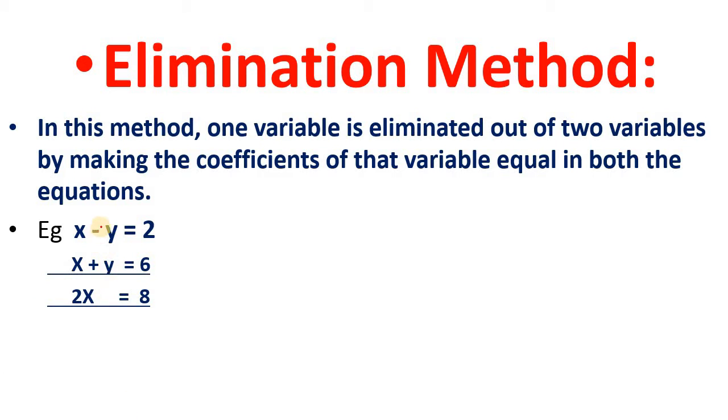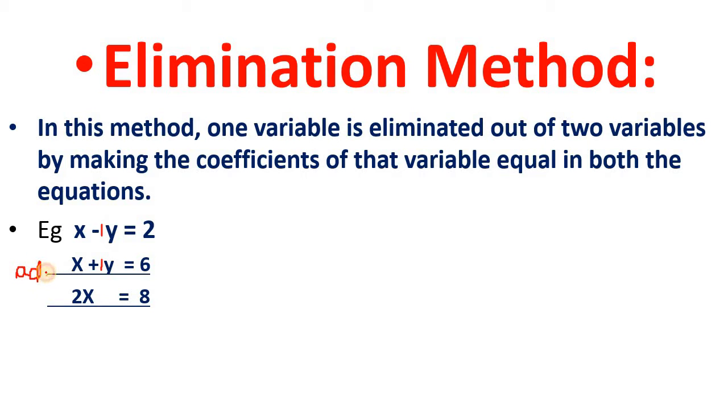The coefficient of y is 1 in the first equation, and the coefficient of y is also 1 in the second equation. So we can eliminate the variable y, because if you add, you can eliminate these two variables very easily.